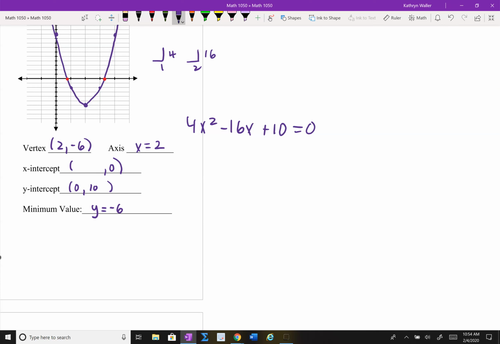I'll wait until you guys tell me. Right? What specifically would you do? I would take out a 2, for sure. Get those numbers small, and it's going to be easier. So if you take out a 2, you're left with 2x to the second minus 8x plus 5 equals 0.